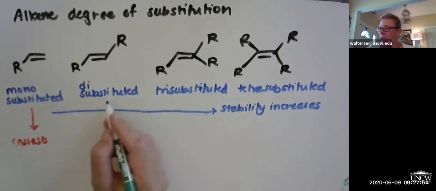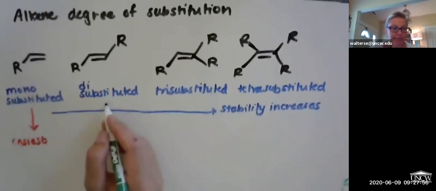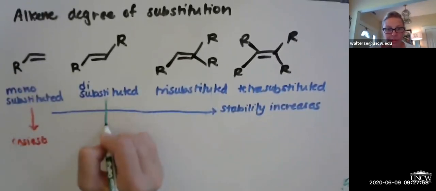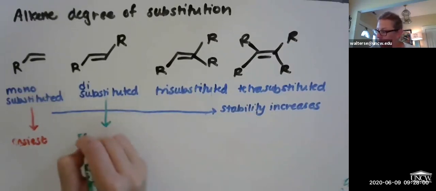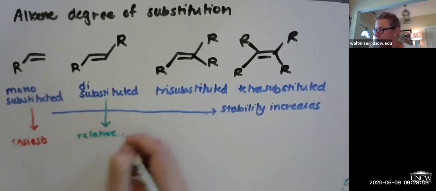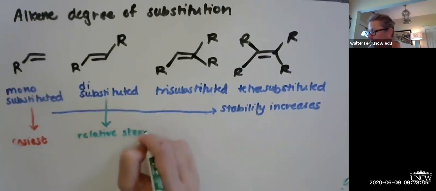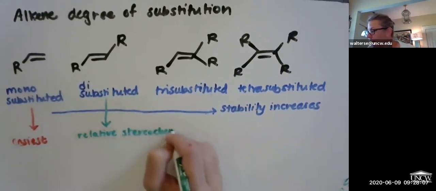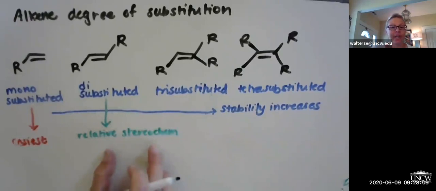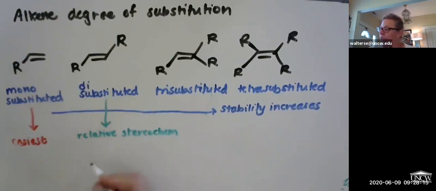Okay. If you get to disubstituted, you can use relative stereochemistry. So remember, relative stereochemistry is cis and trans. Absolute stereochemistry is R and S. So you could have your 2 R groups on the same side.